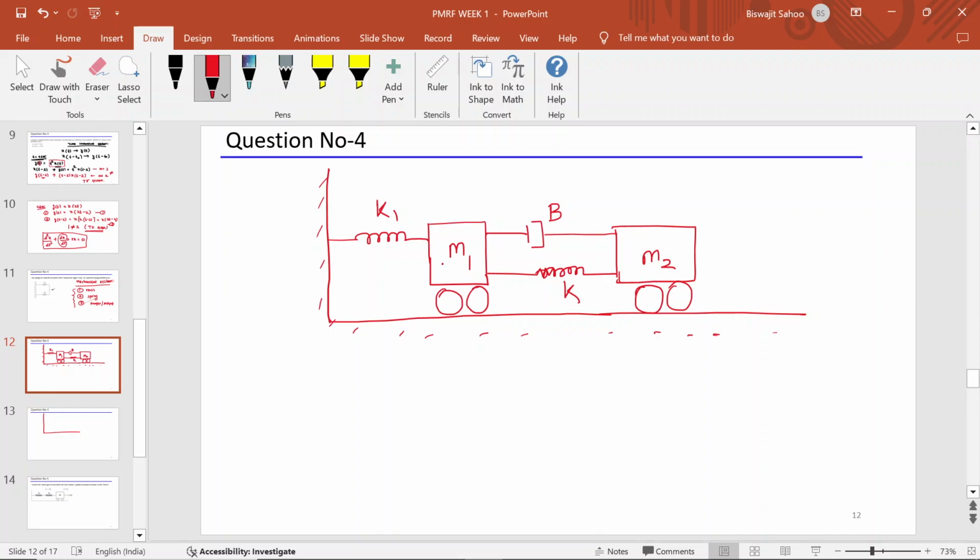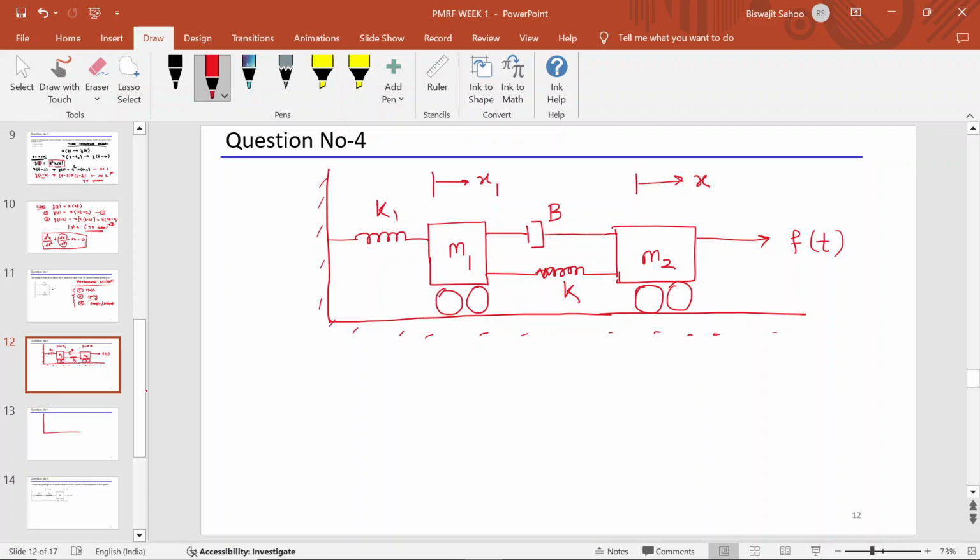Now you're applying some force here. Somebody has applied a force F of t. Because of this F of t, in the question it is given that M2 has a displacement of x, and M1 has a displacement of, let's say, x1. There are two displacements because of the applied force.